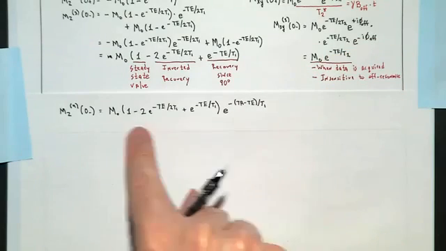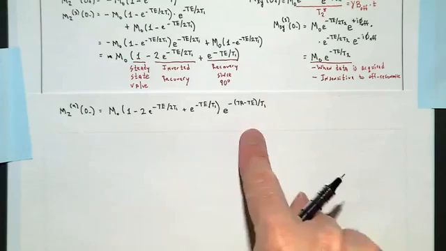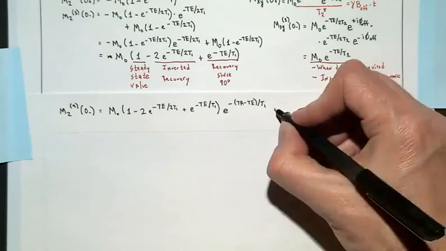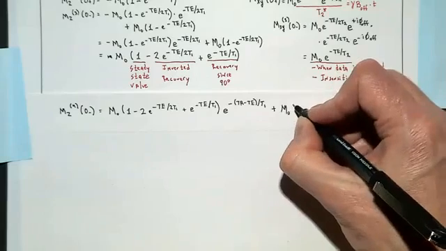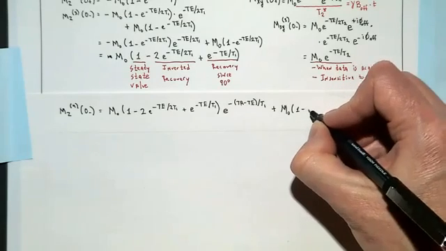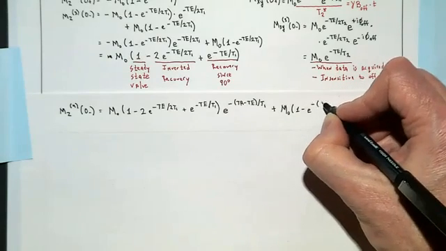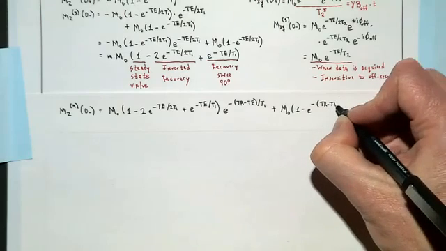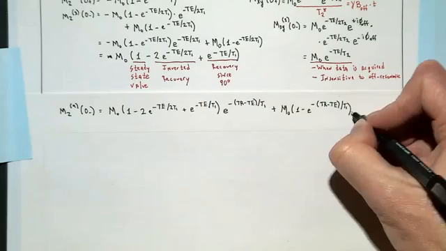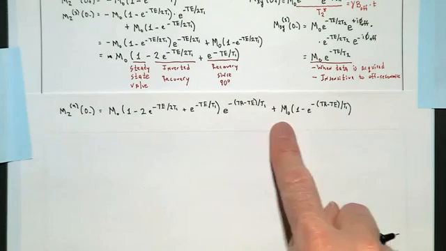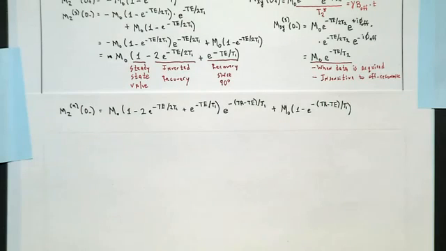That's my decaying term that I had from the previous magnetization. I still have to add my return to equilibrium term, which is M0 times 1 minus e to the minus TR minus TE all by T1. Okay, the decay term and the return to equilibrium term, just coming from the equations of free precession.